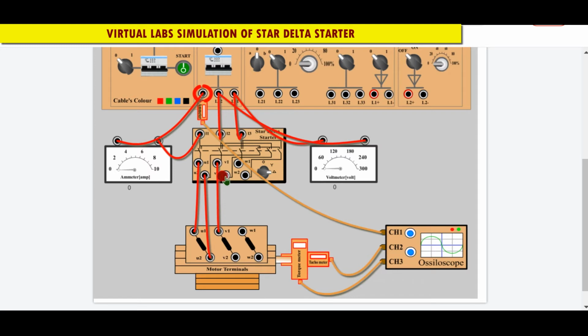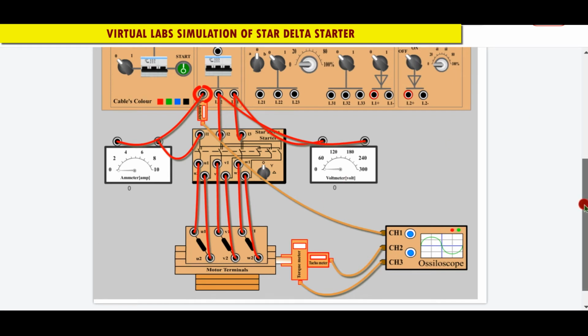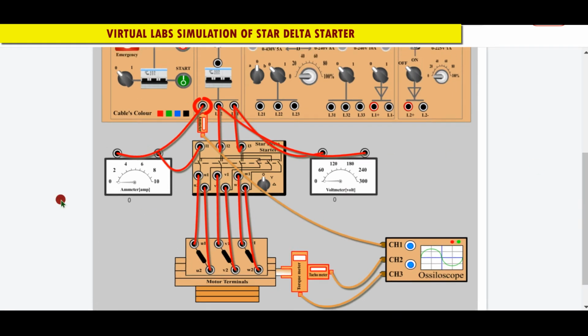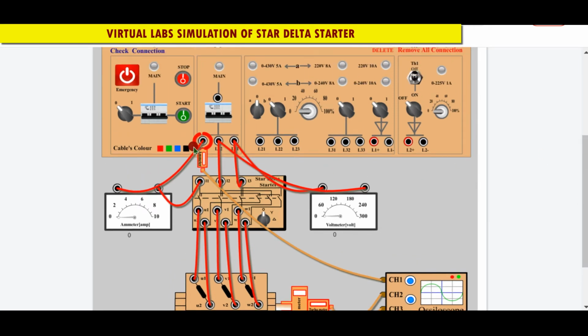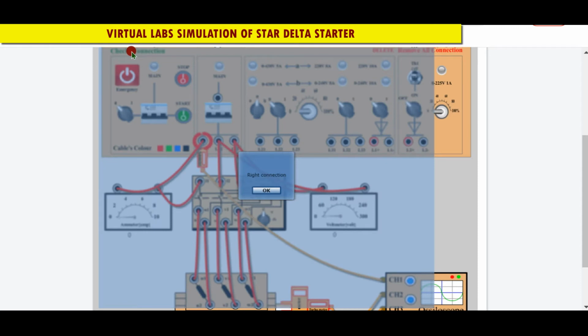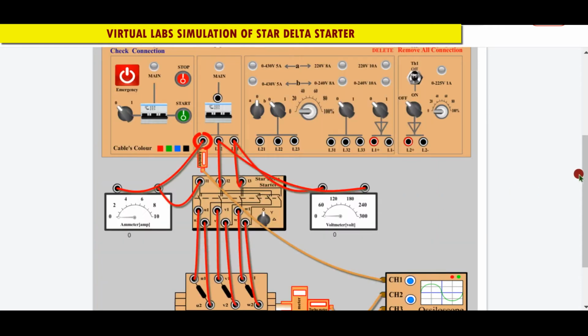As you can see, the connection is done. Now check whether the connection is right or not. It says right connection.